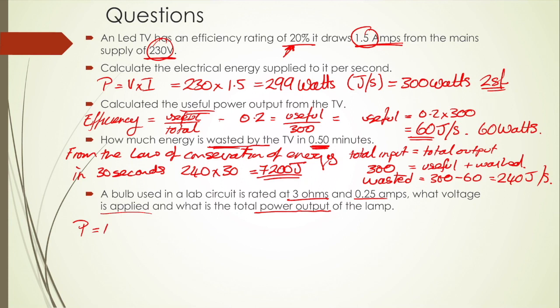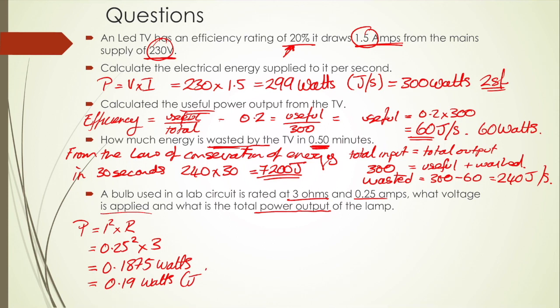Power equals I squared times R. So if we put those in, we get 0.25 squared times 3. So we get the power output as 0.1875 watts, and you should be changing that already in your head to 0.19 watts, or joules per second if you like, and that's to 2 significant figures.